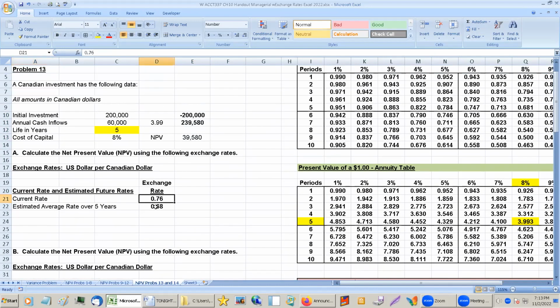We have an exchange rate of 0.76 at the current rate, and the estimated average over the next 5 years will be 0.68. So we're going to have to multiply these by these two numbers. So initial investment will be done today, so it'll be a current rate. This will be averaged over 5 years.